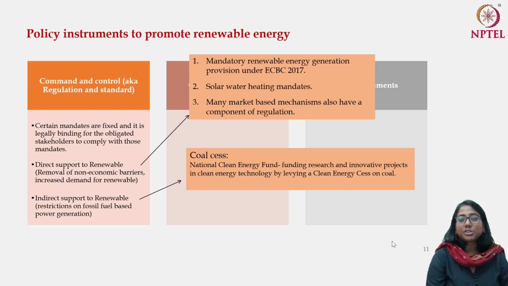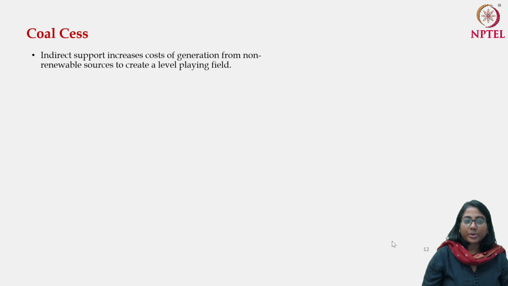India has a fund called the National Clean Energy Fund, whose objective is to fund research and innovative projects in clean energy technology by levying a clean energy cess on coal. So it works in this way. The indirect support increases the cost of power generation from non-renewable sources, and it tries to create a level playing field between the renewable and non-renewable sources.